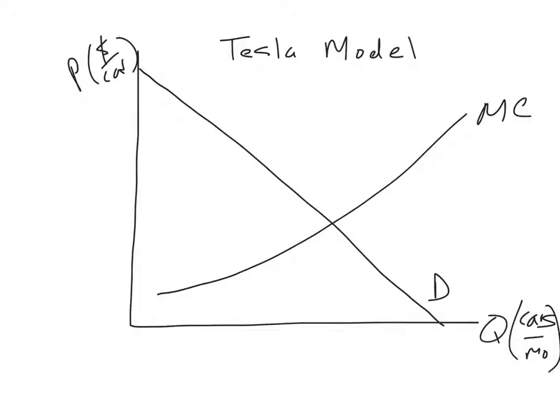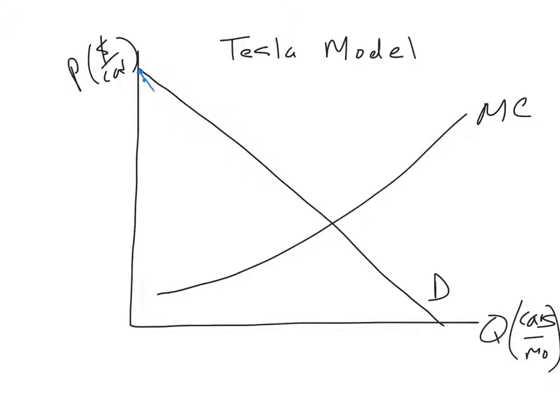It turns out if the firm sold one car, it would get the price that the first buyer was willing to pay for it. So that would be the benefit of the first car. But for every car thereafter, there's this benefit of making one more sale, but since we're charging the same price to all buyers of Teslas by assumption, the marginal revenue is that new revenue from the new sale less the discount effect.